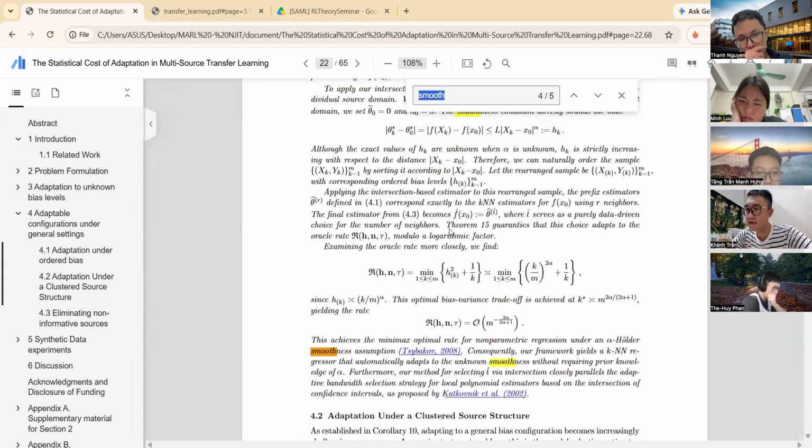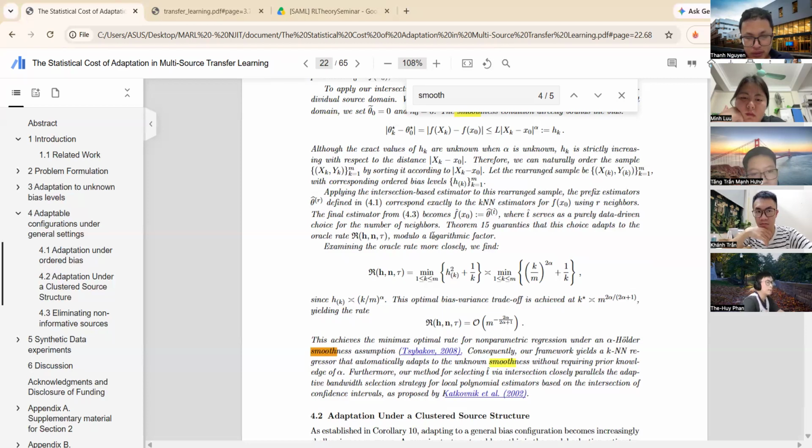So the smoothness is they have two settings. One setting is parametric, which is the main setting they have. Parametric means the model has some latent dimension, like a linear model, and I think they start with just a linear model implicitly.